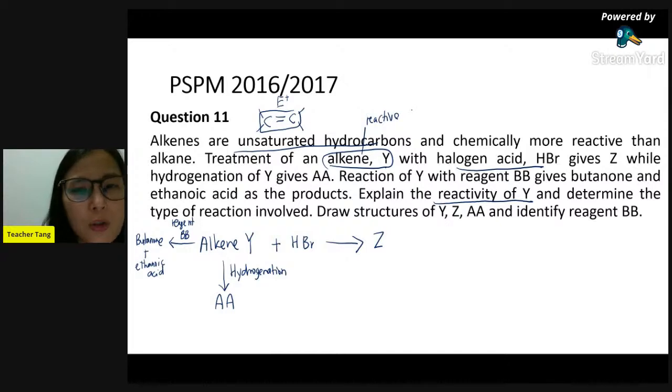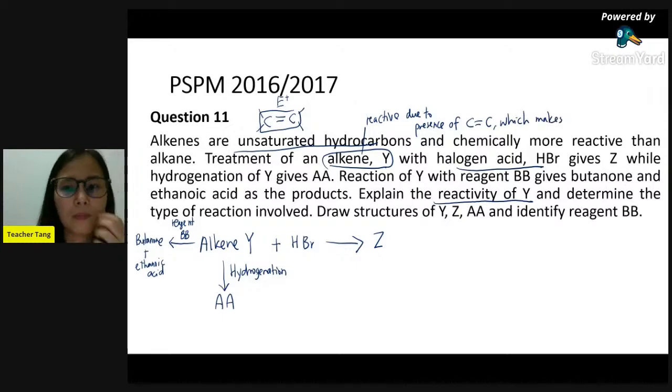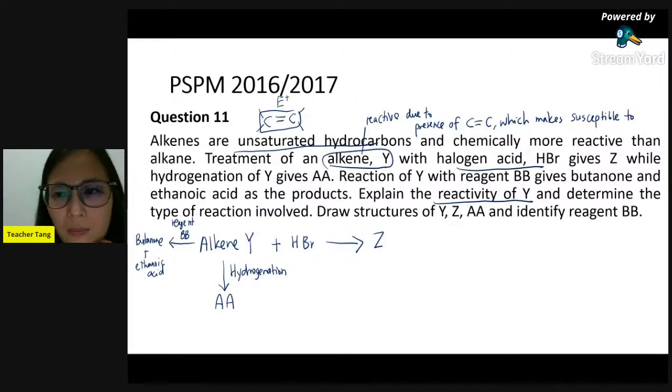Due to the presence of the carbon-carbon double bond, which makes it susceptible to electrophilic attack.